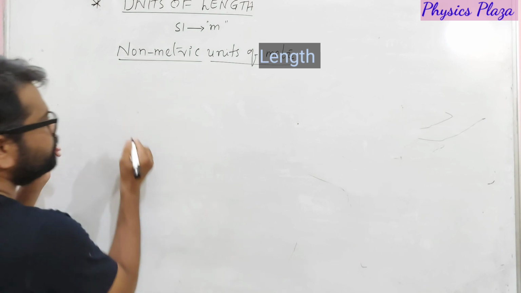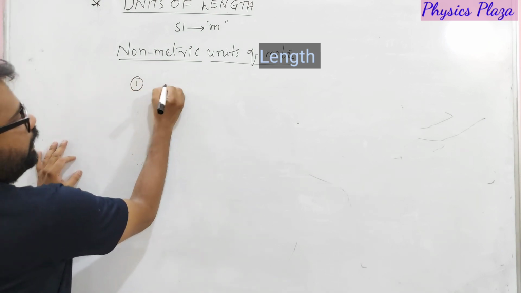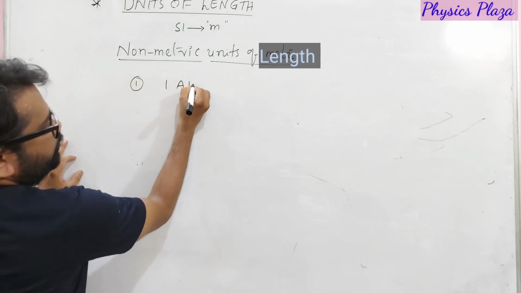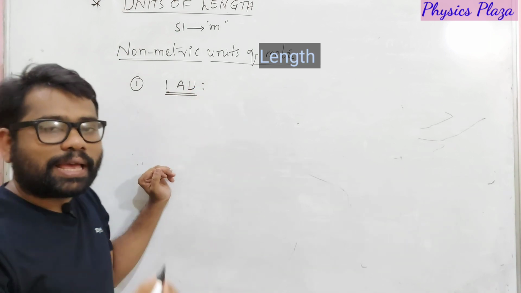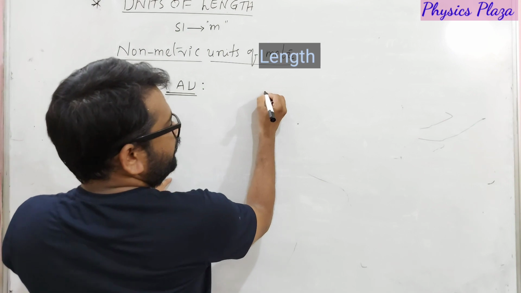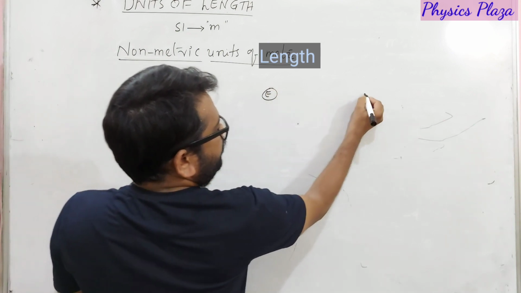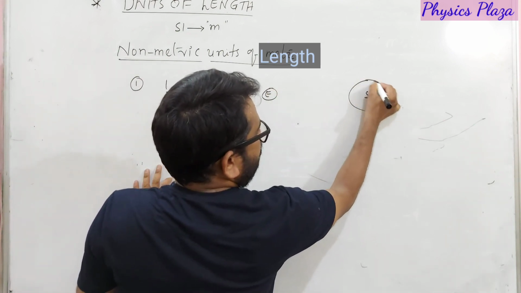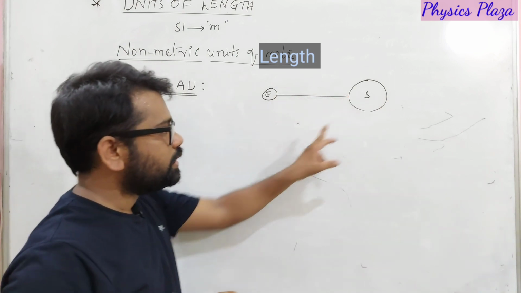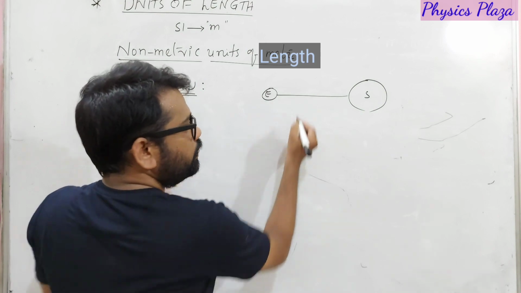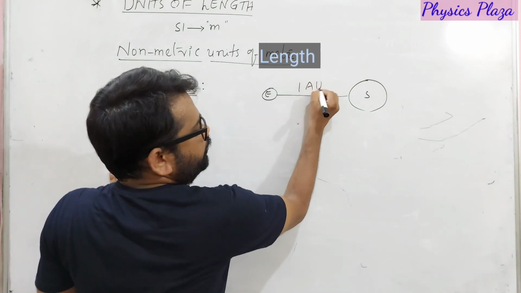The first one is the astronomical unit, AU. What is the astronomical unit, dear children? Here is earth and here is sun. The average distance between sun and earth is equal to 1 astronomical unit.